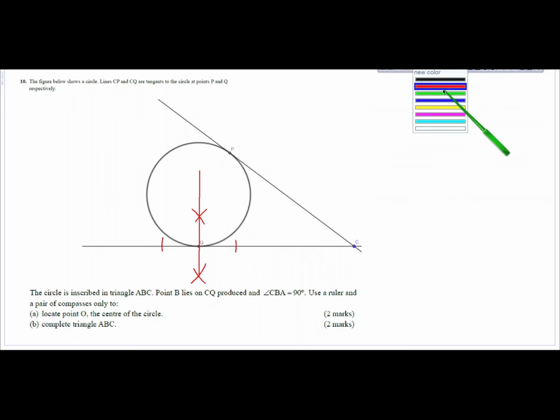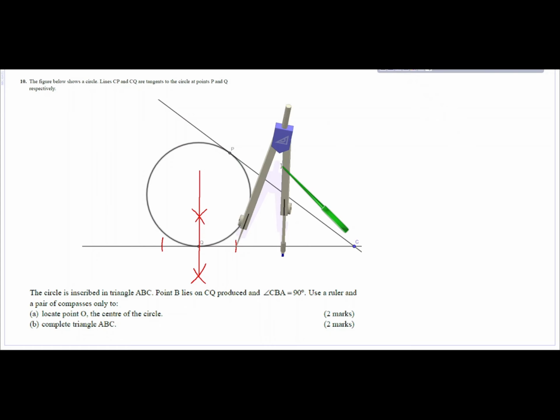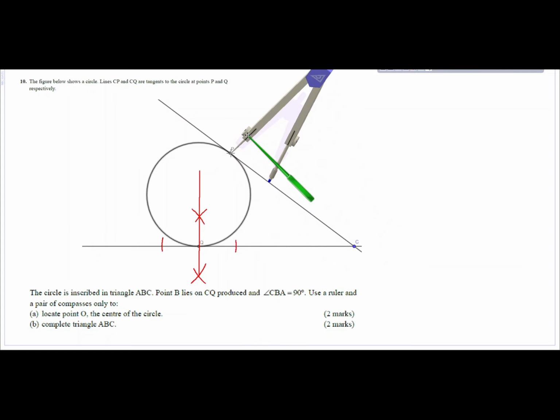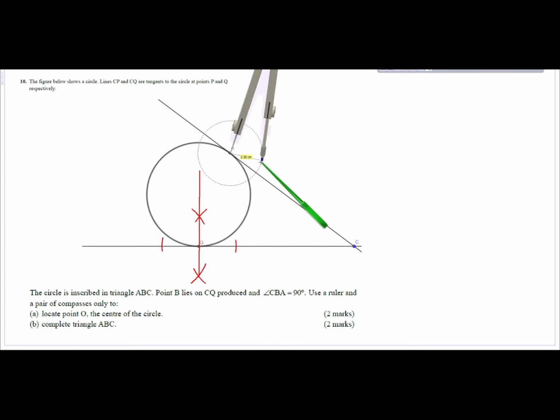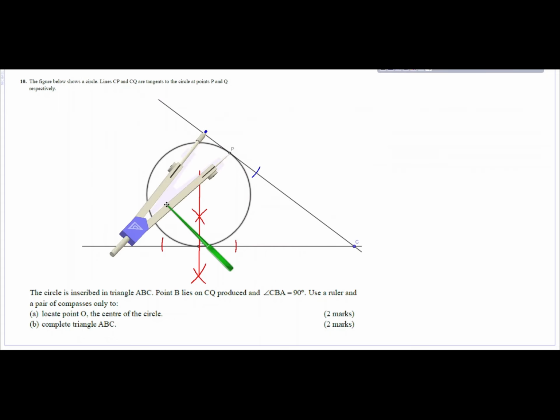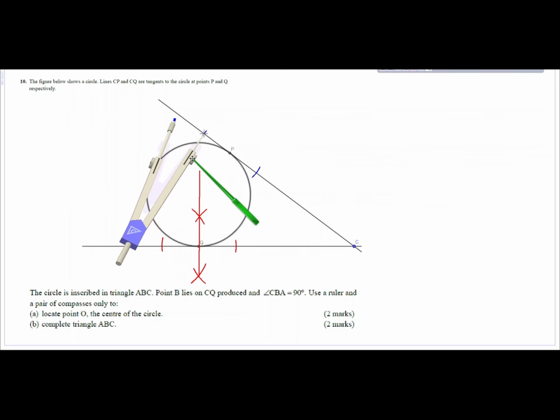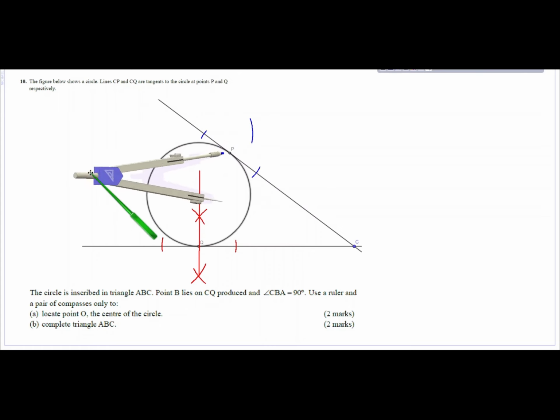Then I do the same with the other point, from point P. Draw an arc on this side and also on the other side. Then using those arcs as centers, adjust. I'm going to draw an arc on this side, and also on the same side.